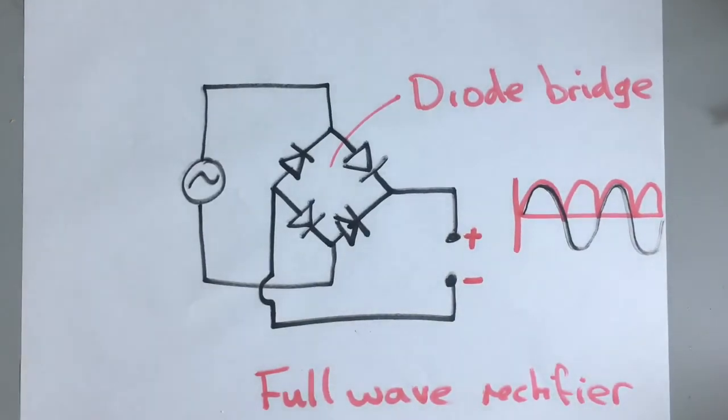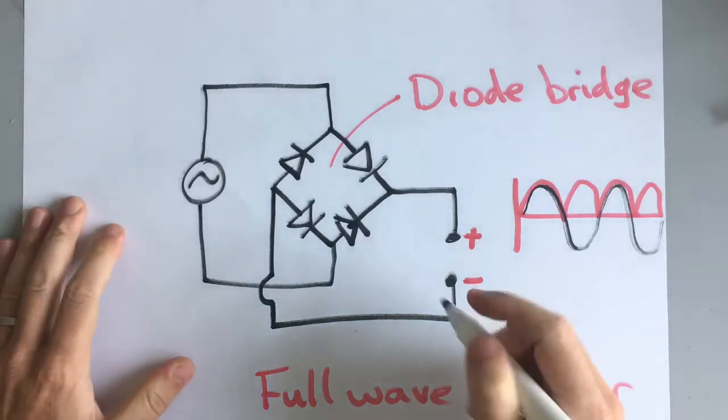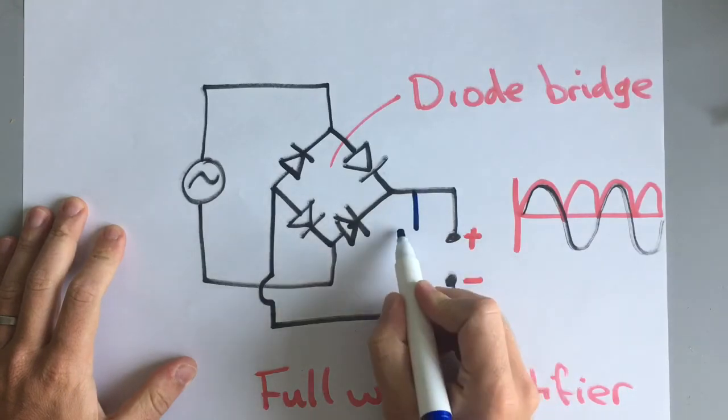The way that we make it even better is by adding a capacitor. Now a capacitor you will study in 11.3, but a capacitor is basically a mini battery.